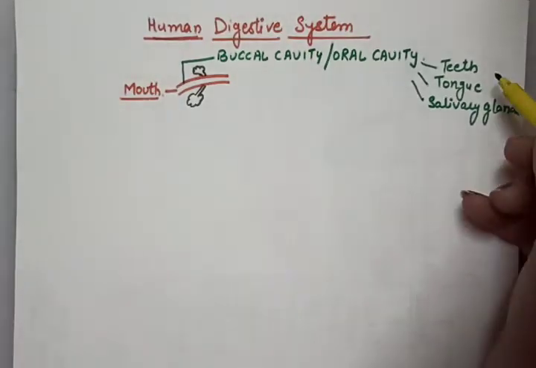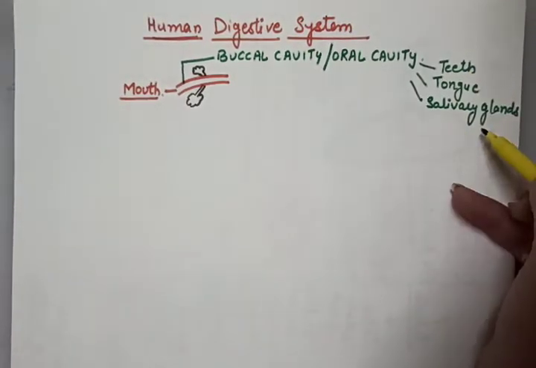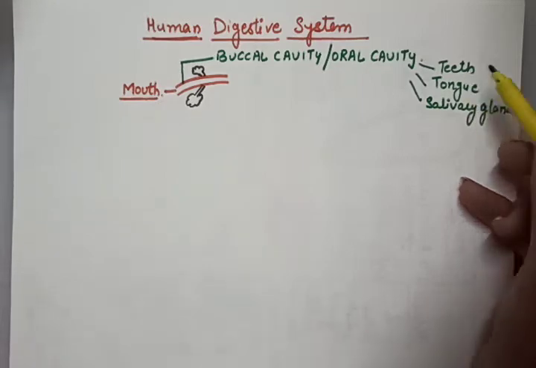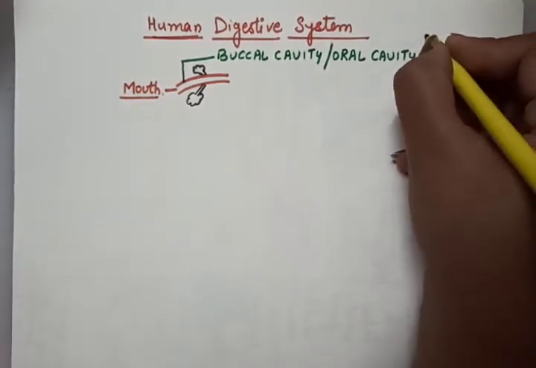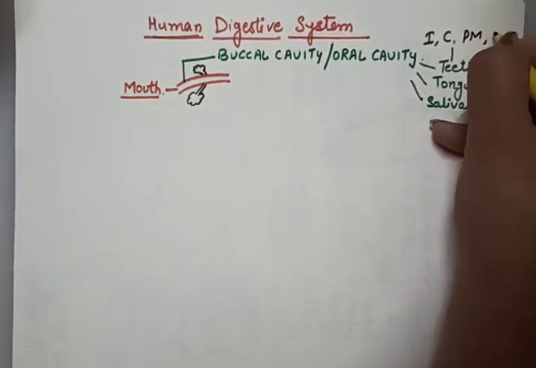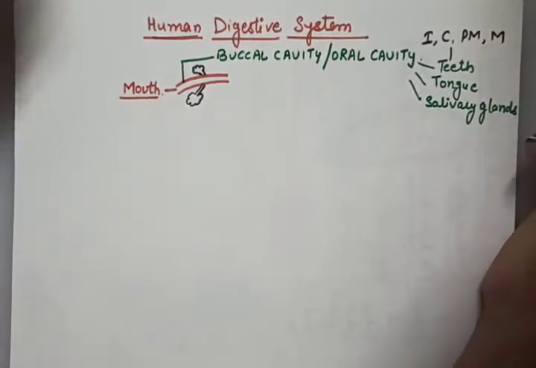Now, what is the function of all these parts? Okay, teeth. You all know that there are mainly 4 types of teeth: incisors, canines, premolars and molars. Okay, they all are having their own particular function.